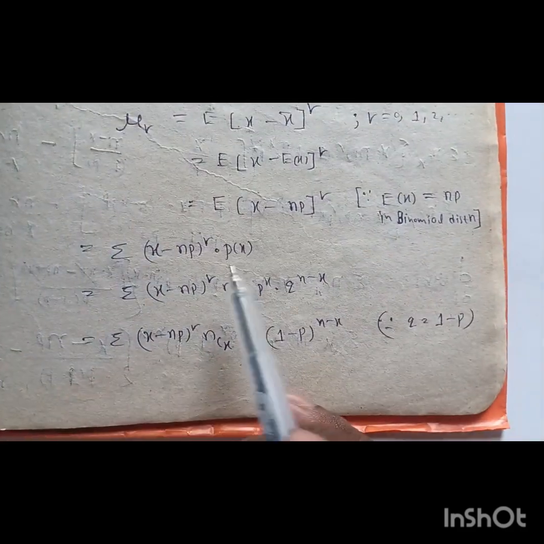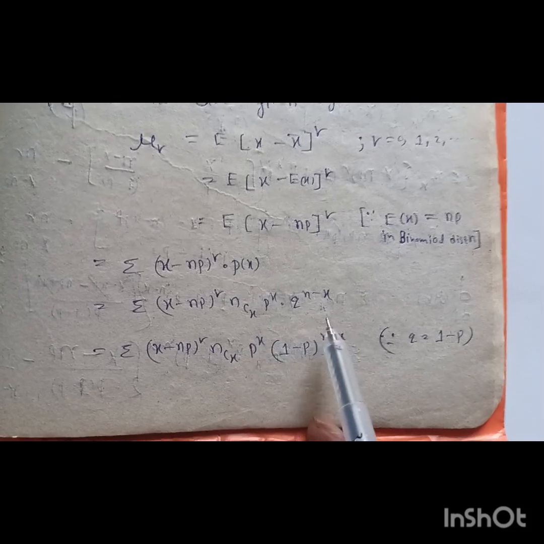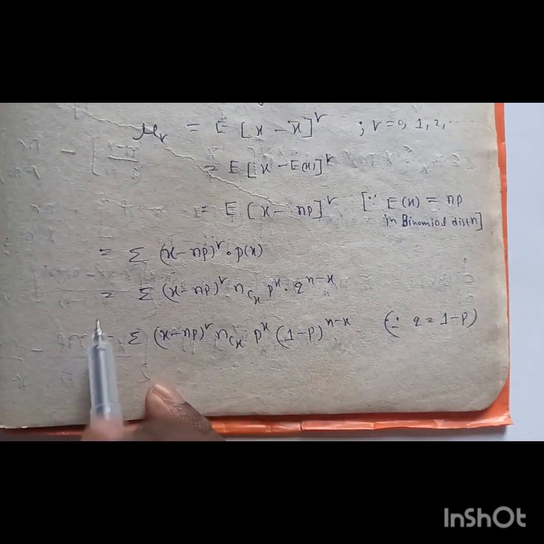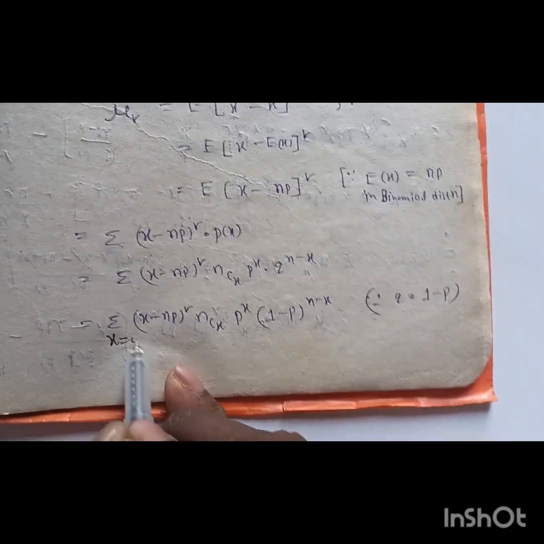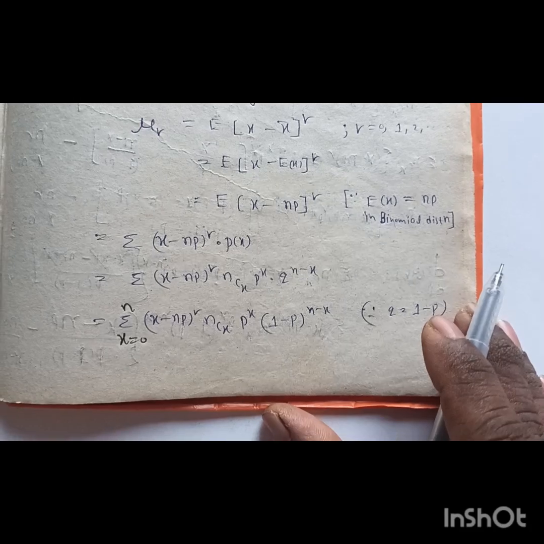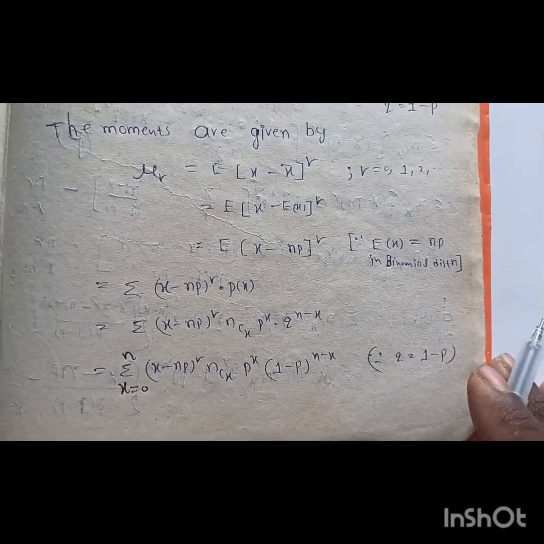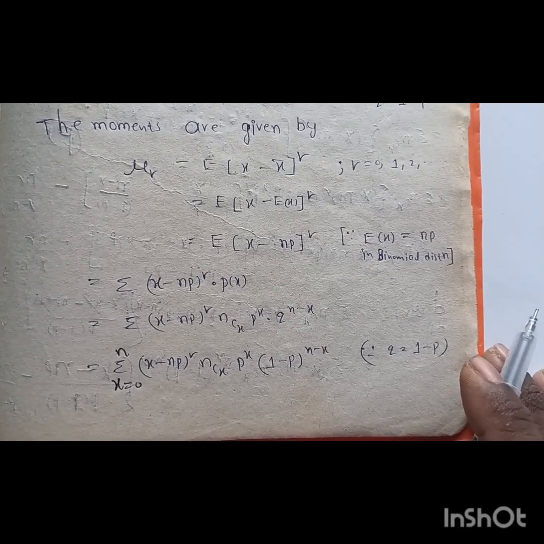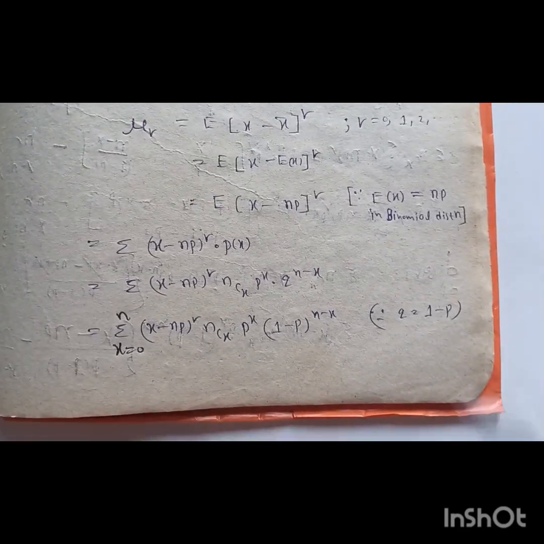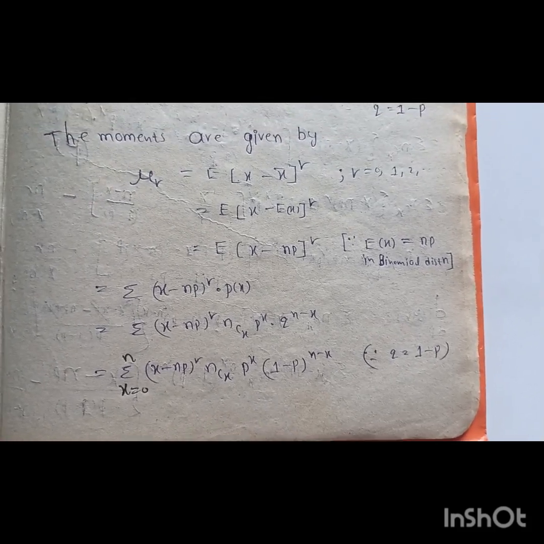You substitute the p of x value over here, where x can take the values from 0 to n. So to find the recurrence relationship, the parameter value you have to consider is p. So we have to differentiate with respect to that.